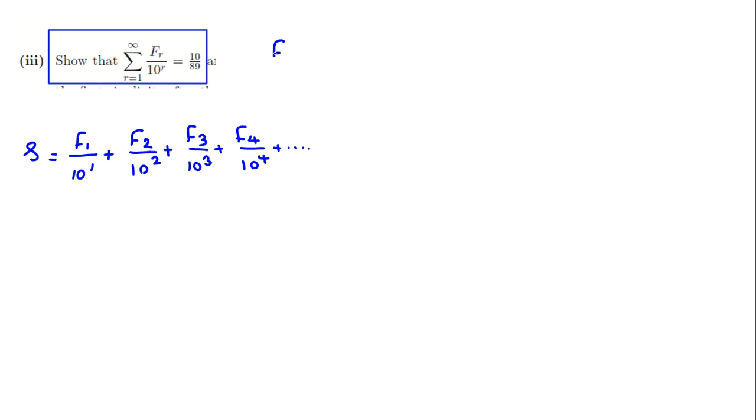So the problem says f1 is 1, f0 is 0, and other terms are, for example, f2 is 1. fn is f(n minus 1) plus f(n minus 2) for n at least 2. Or you can write f(n plus 2) equals f(n plus 1) plus fn for n at least 0. They are equivalent. f1 is 1 over 10.